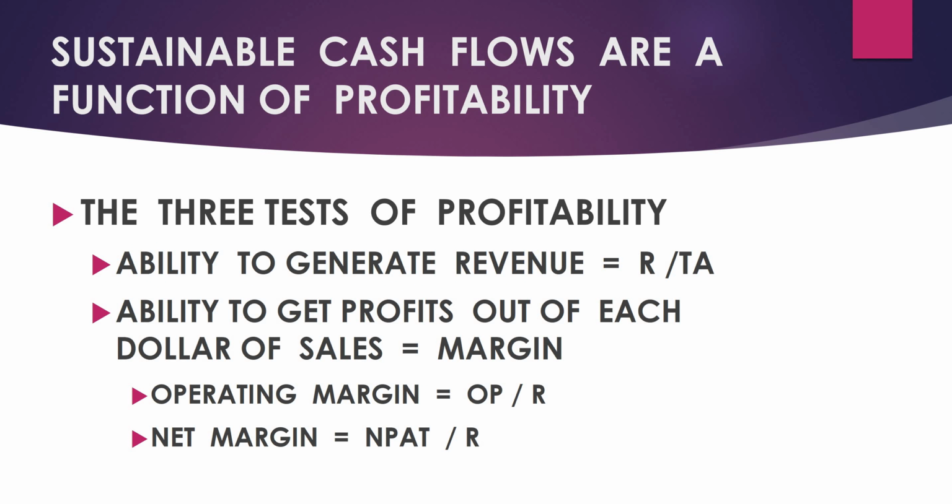But before we get to that, we often also measure margin. Margin is operating profit over revenue or net profit over revenue, depending on whether you want to work the margin at an operating level or net level. The word margin generally means something divided by revenue.